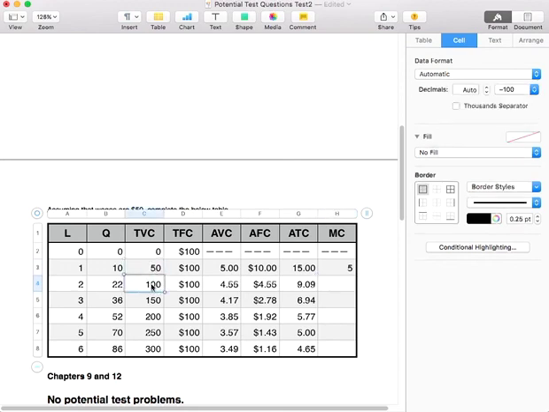We increased our output from 10 to 22, so it's 50 divided by 22, which is equal to 2.27.